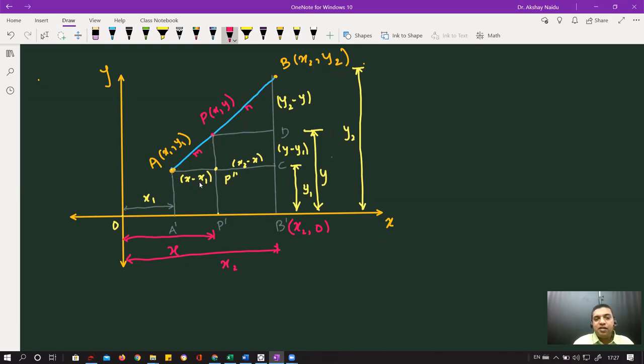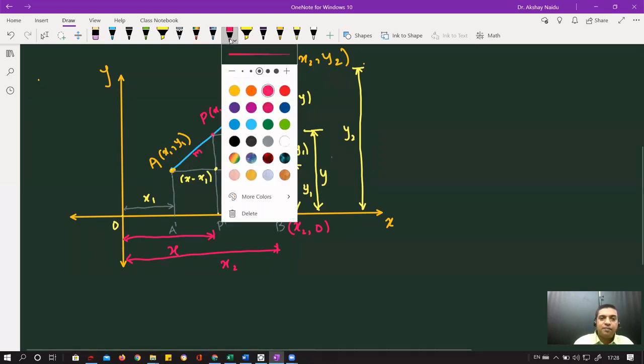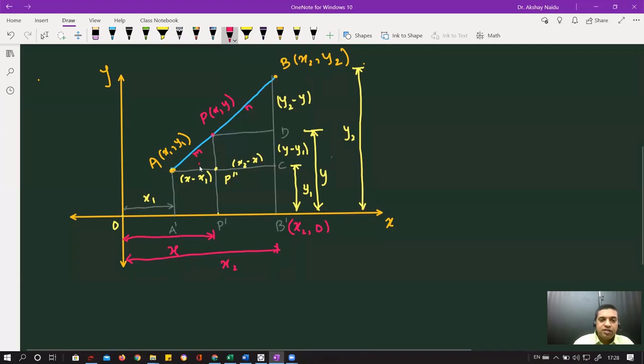So based on the similar triangles condition, if AP by PB is m by n, then AP double dash and P double dash C will also be in the ratio m is to n.